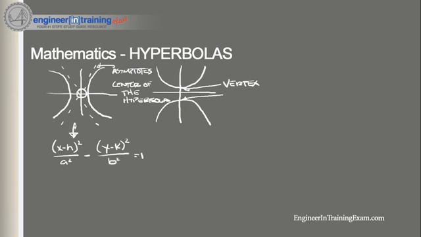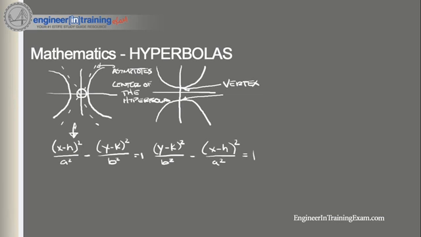Now the hyperbola that opens up and down, its general form is (y minus k) squared divided by b squared minus (x minus h) squared divided by a squared is equal to 1.